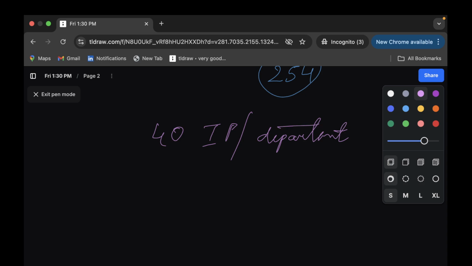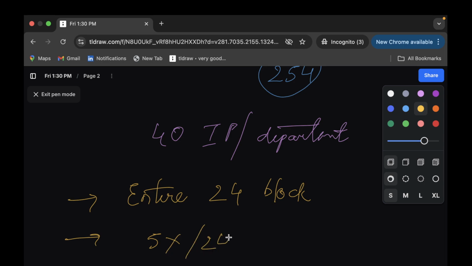Under classful addressing, you have to assign the entire /24 block, so for 5 departments we need 5 /24 blocks. So we are assigning 254 IPs to each of the 5 departments.